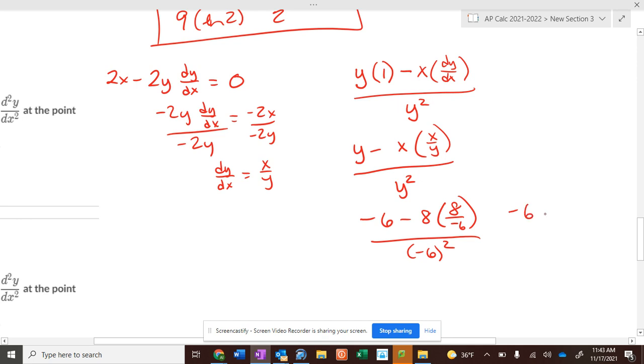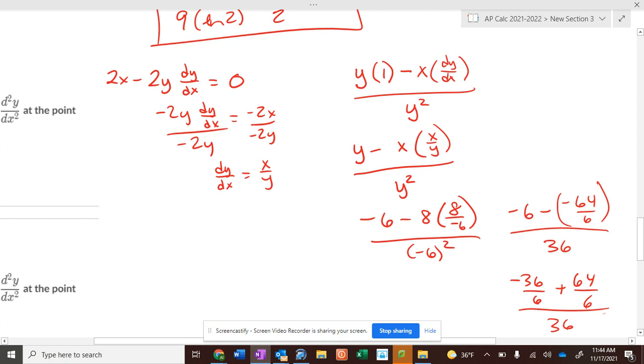So it's negative 6 minus a negative 64 over 6, over 36. That's a lot of sixes. So this is really negative 36 over 6 plus 64 over 6, over 36.